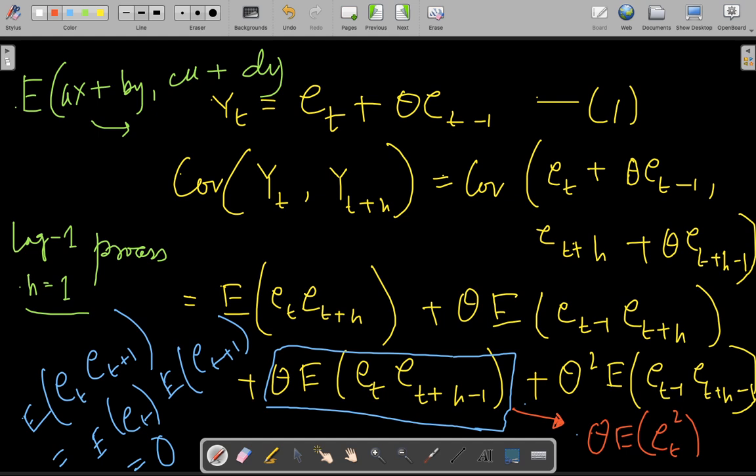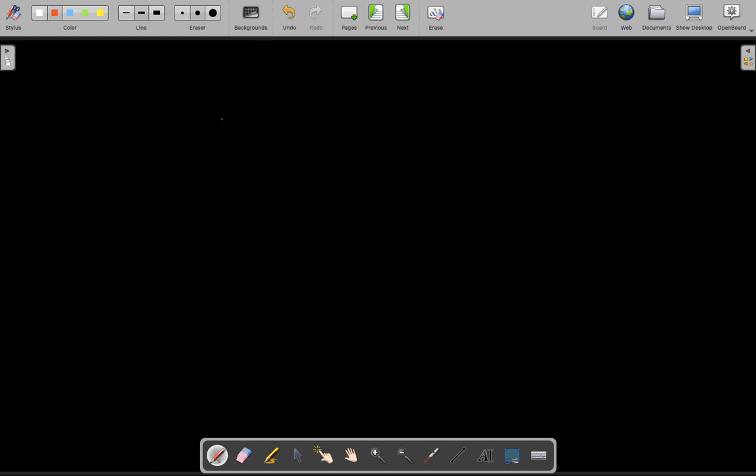Let's go back to the previous color. Theta expectation of et square is what? Theta expectation of et square is my variance, which means theta sigma square.